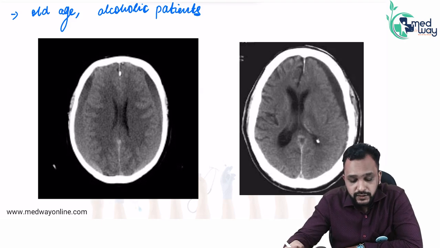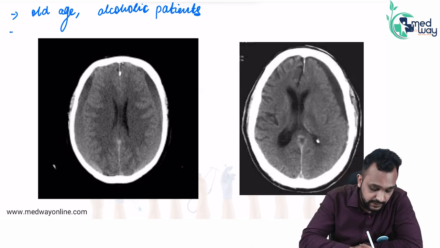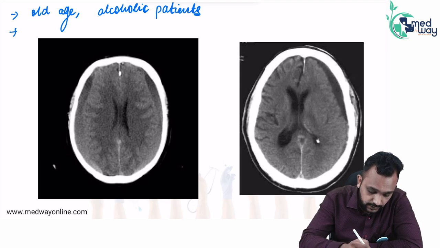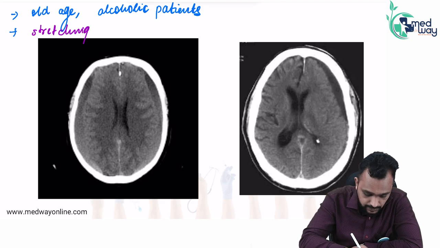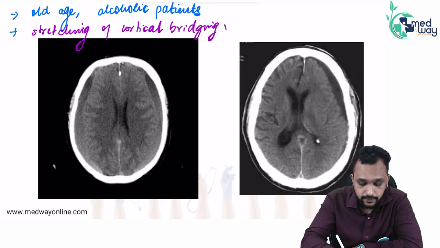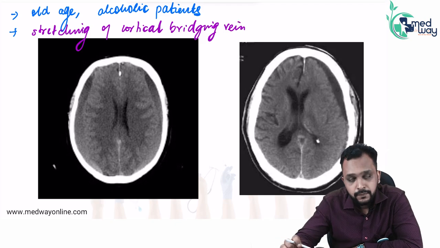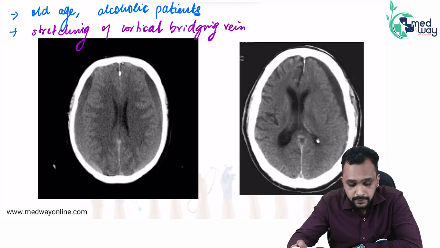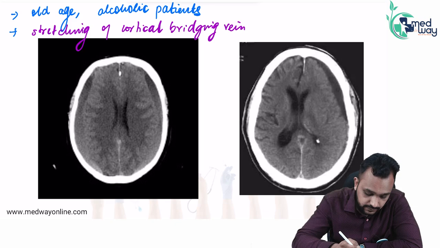Due to atrophy of the brain in old age patients, there is stretching of the cortical bridging veins, and when there is stretching of cortical bridging veins, it results in subdural hemorrhage, right?